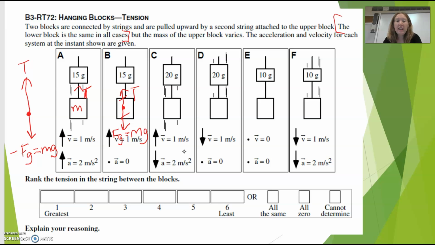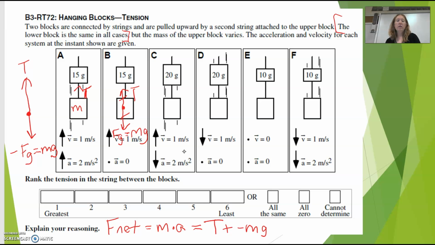In every case, if we're trying to make a general rule here, we would know that the net force on the bottom block is equal to its mass times its acceleration. That's Newton's second law. And net force is also equal to the sum of the forces, which would be capital T plus negative mg, because I'm sticking with an up is positive situation.